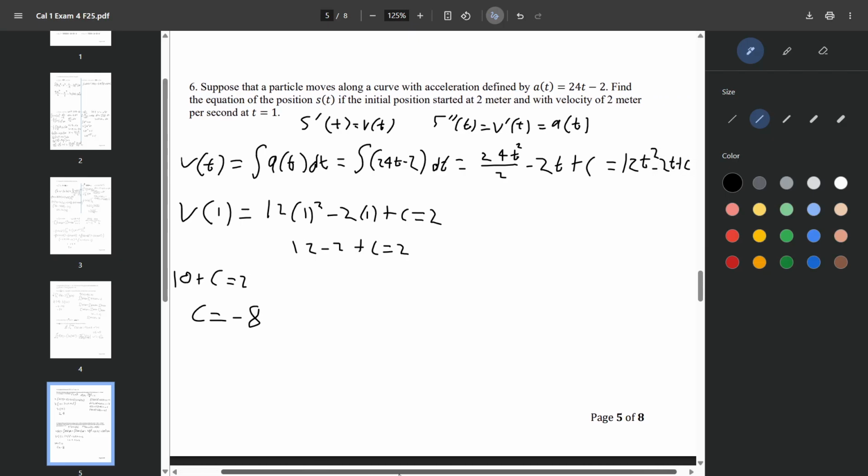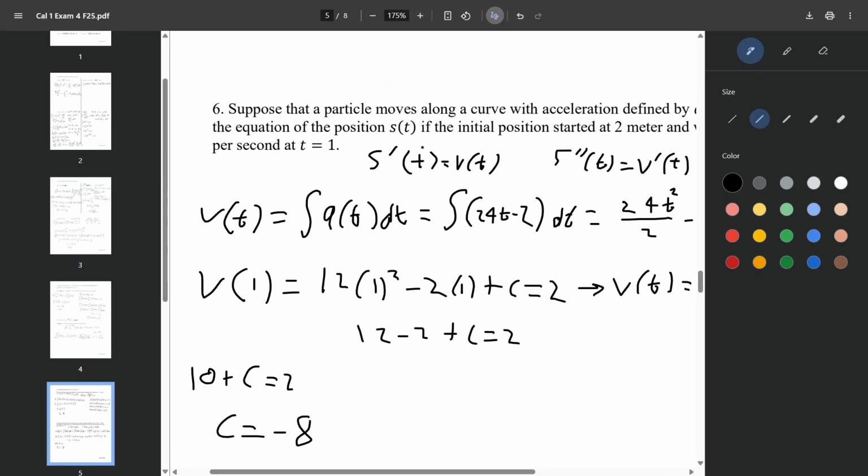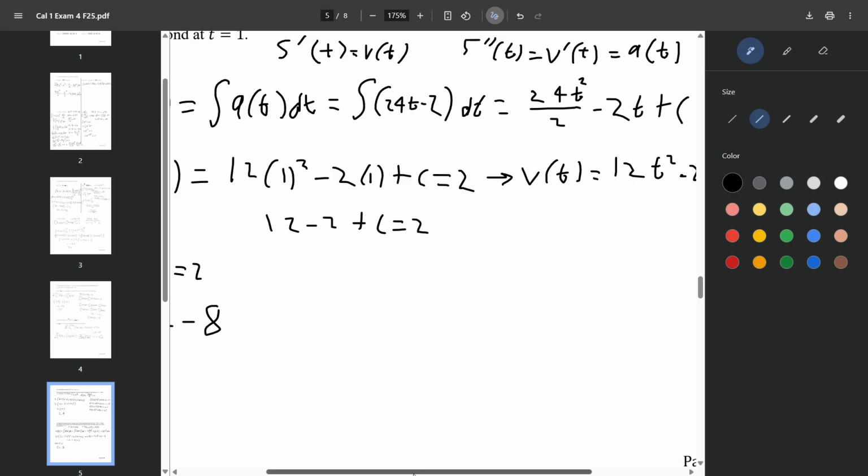So now we will rewrite our v of t. v of t equals 12t squared minus 2t minus 8. And now the next step will be to find the integral of v of t in order to find s of t.